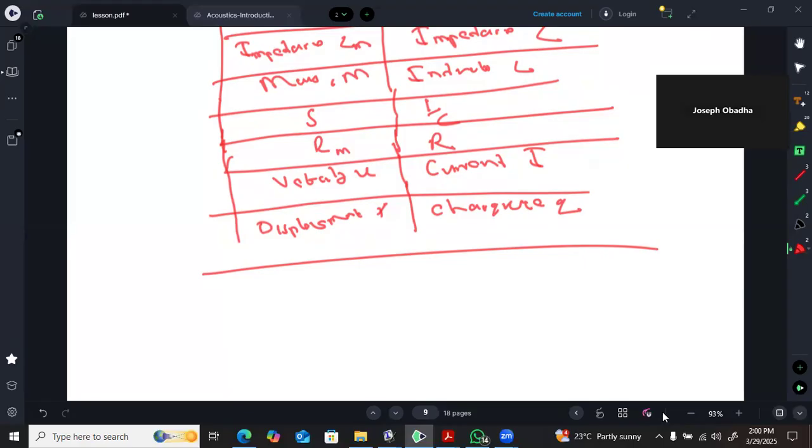In our next slides, what we are going to look at is the acoustic variables. But before we look at the acoustic variables, we'll look at the acoustic wave equation. What is it that makes the acoustic wave equation? In the acoustic wave equation, what we are going to find is that we'll be solving for pressure.